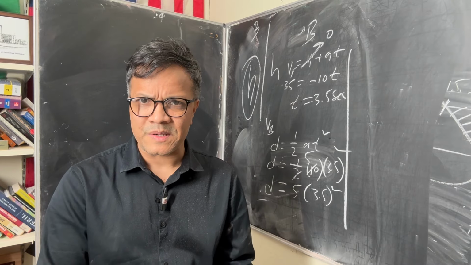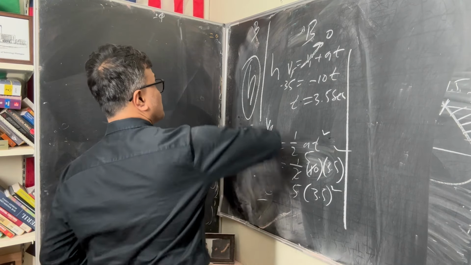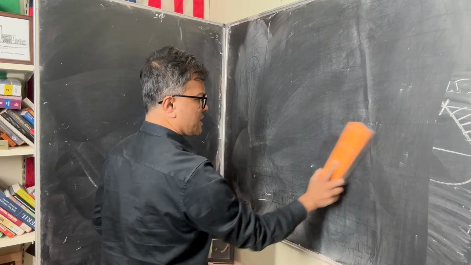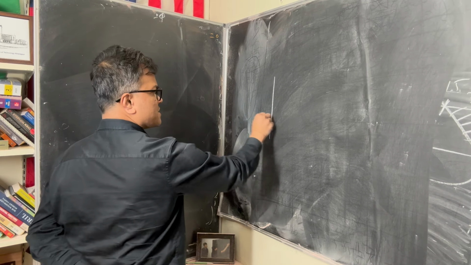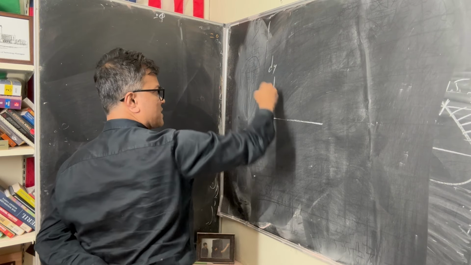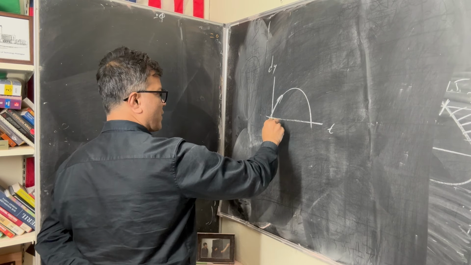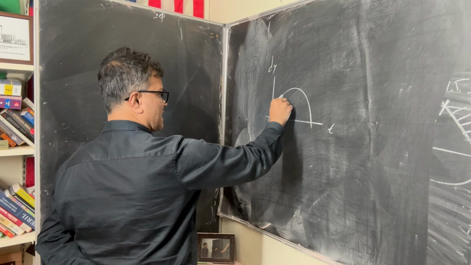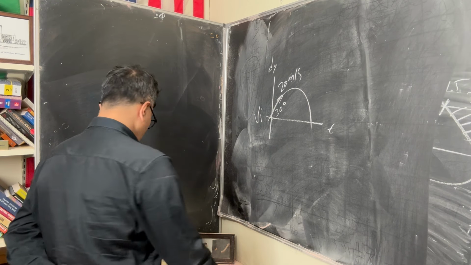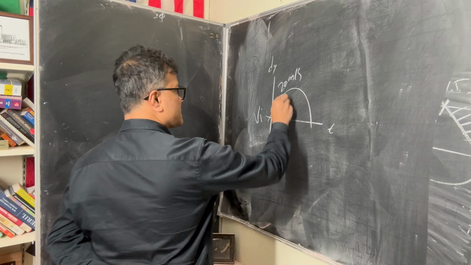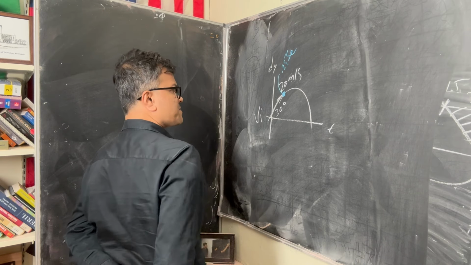The problem number 6 is a two-dimensional, 2D kinematics problem. So this is dy, this is t. Mr. Barry is kicking a ball with 30-degree angle, 20 meters per second, right? That's the initial velocity. What I want you to find is at 0.25 second, what is the speed?